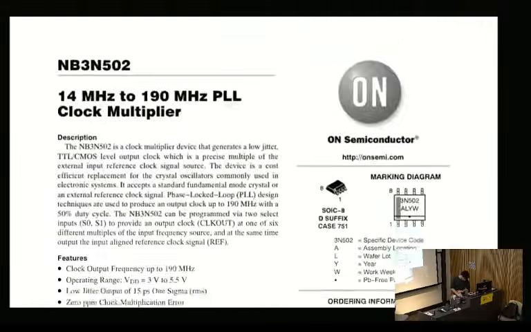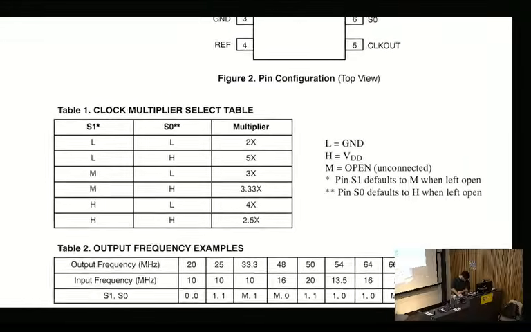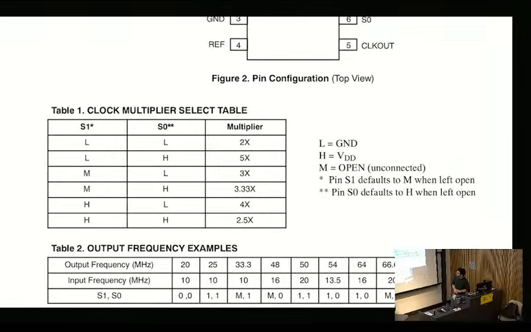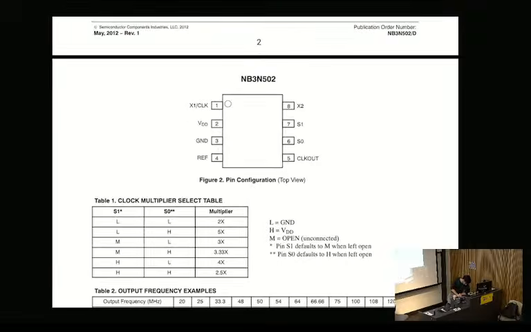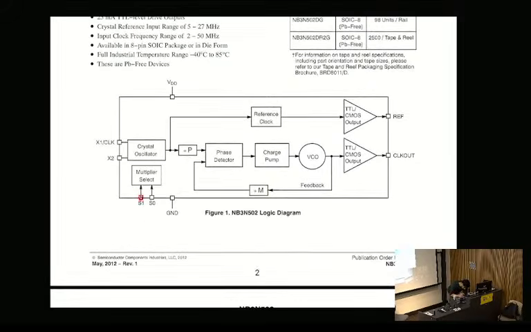If I scroll a bit more, there's a multiplication select table. We needed a multiplication of 3 times, so that's the 4th row. S1 needs to be set to open and S0 needs to be set to ground.